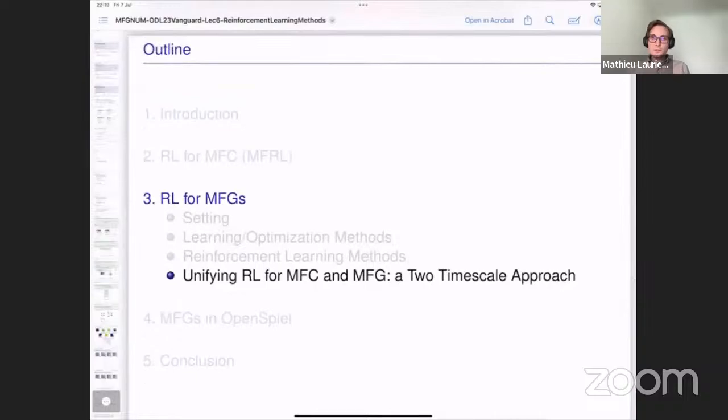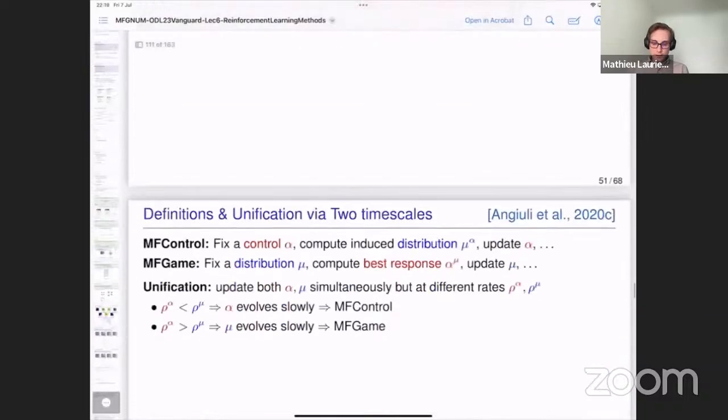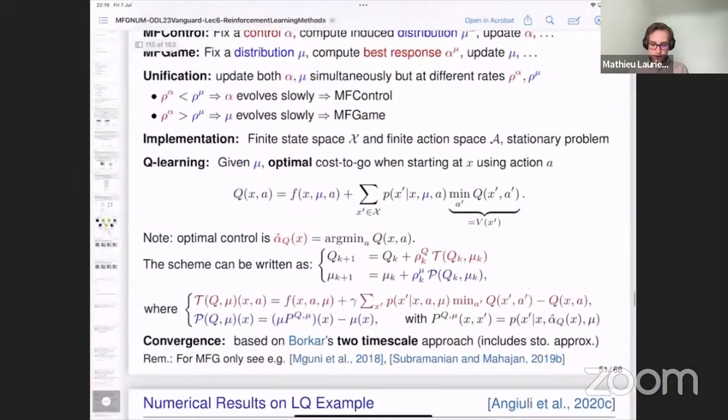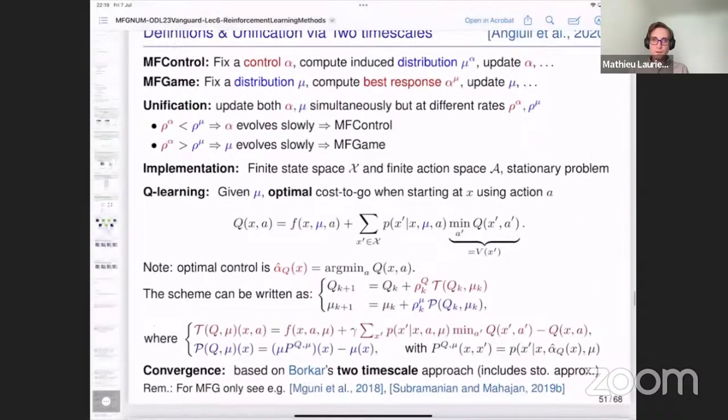Maybe I will skip this section. This is a section to say that actually mean-field game and mean-field control are not completely disconnected. Intuitively, the idea is that in both of them, you can approximate the solution of a mean-field game and the solution of a mean-field control problem by updating the population and the control, but updating at different rates.